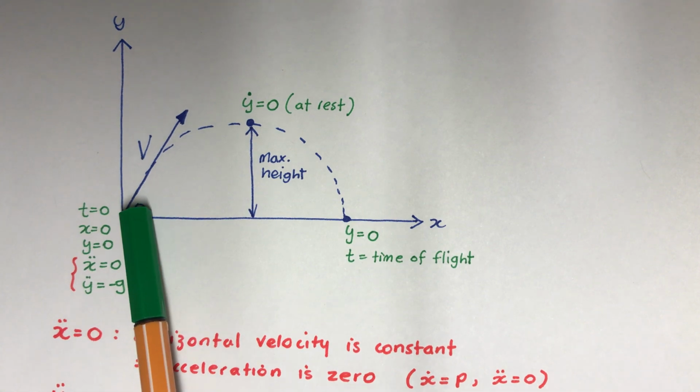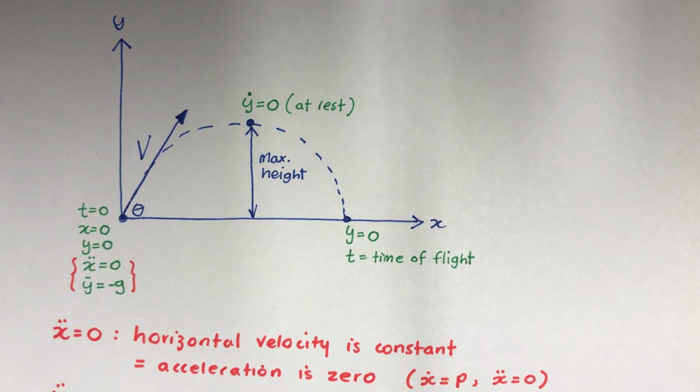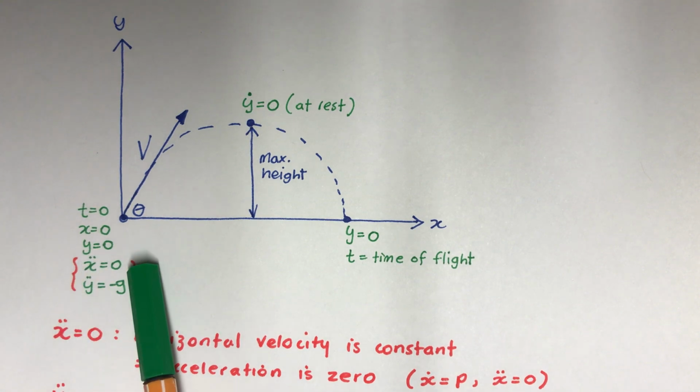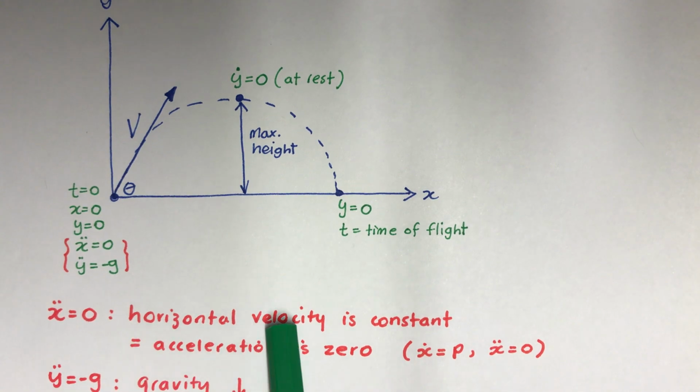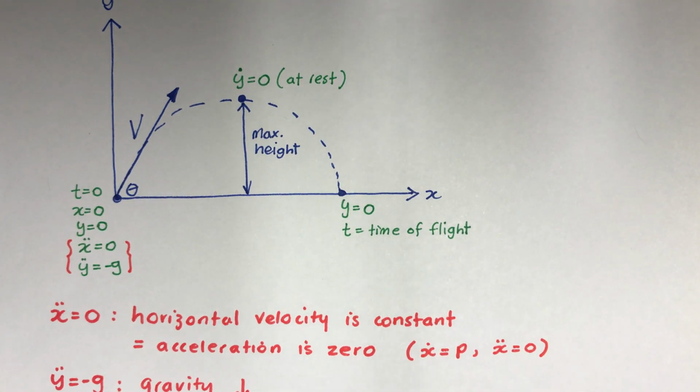And here at the start, initially, the time is 0, the vertical displacement and horizontal displacement are 0, but the horizontal acceleration is also 0. Why? Because horizontal velocity, which is x dot, is constant.